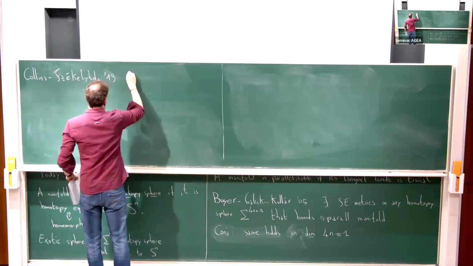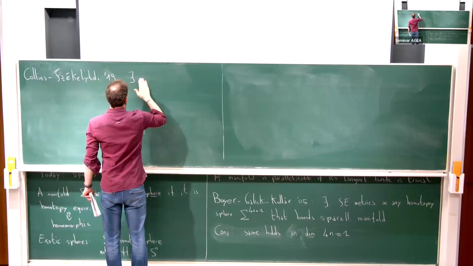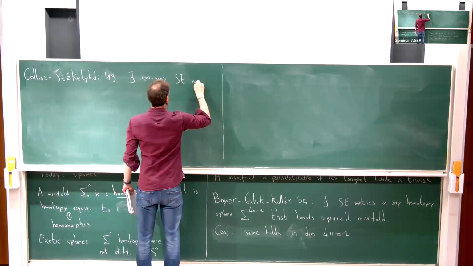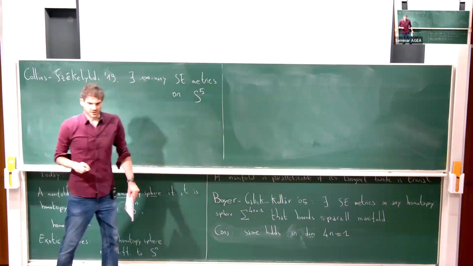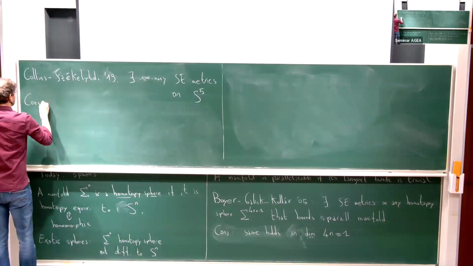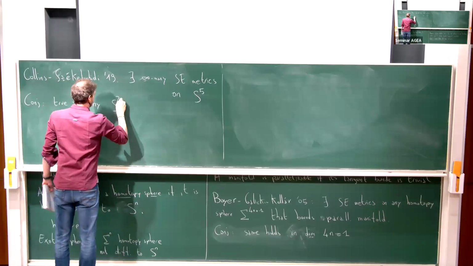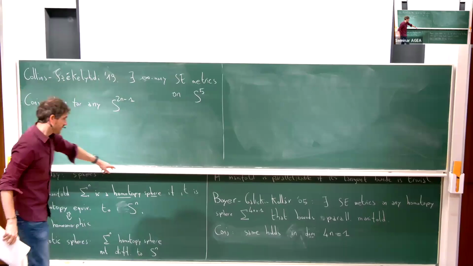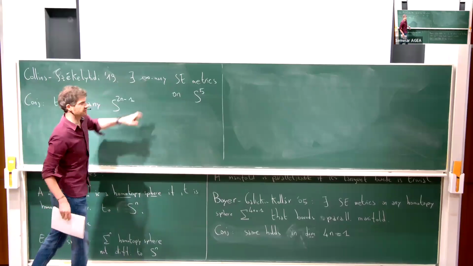And they proved that there exist actually infinitely many Sasaki-Einstein metrics on the 5-dimensional sphere, the standard sphere. And then they conjecture that this is true for any standard odd-dimensional sphere. So the big step is that they constructed finitely many metrics on the sphere, and here they were able to construct infinitely many.